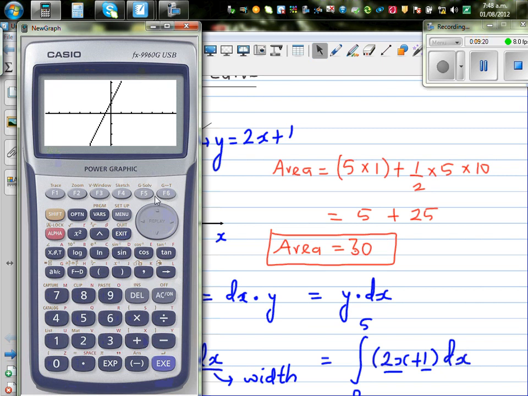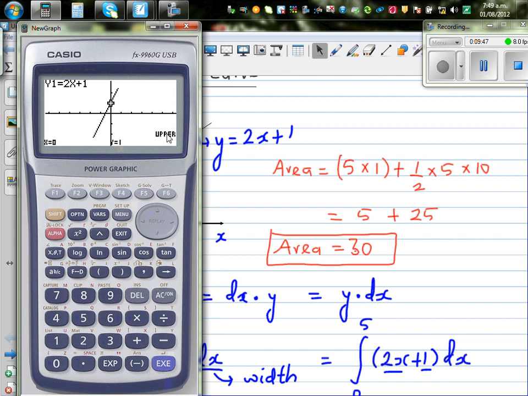Then you press G-solve, which is F5, and then you press F6, and then you press F3, which is integration dx. Now the calculator will ask what's your lower limit. You can see lower there, and then you press execute. That means we are saying my lower limit is x equals 0, so you press execute.